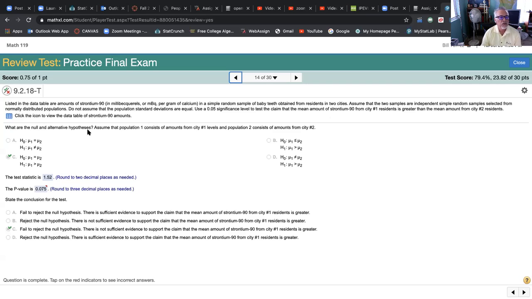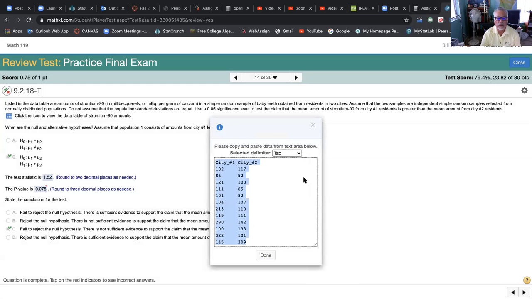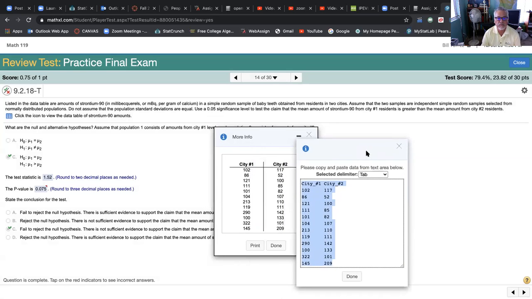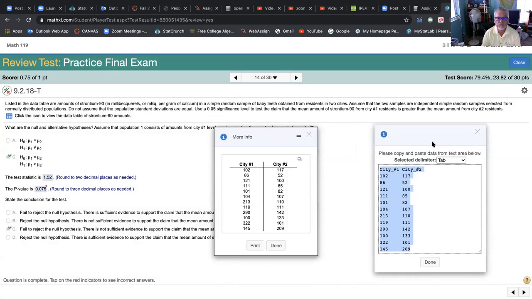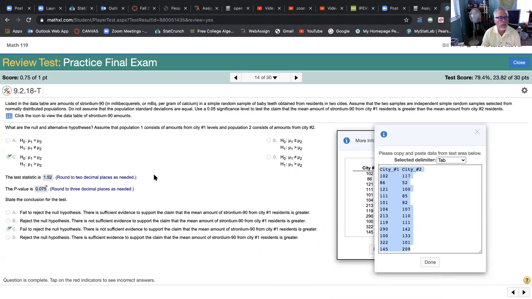Okay, so let's go ahead and look at the data. Now we can copy and paste this right into StatCrunch. I'll show you that in a second here. First problem, what are the null and the alternative?